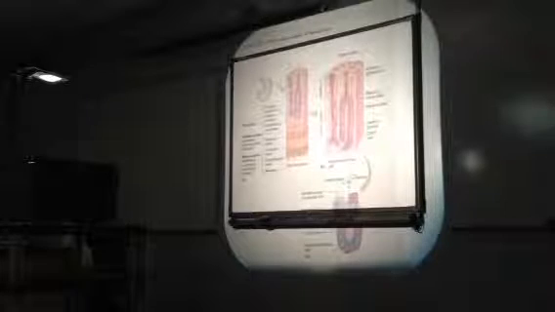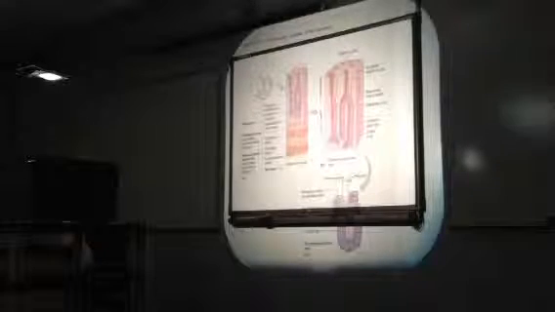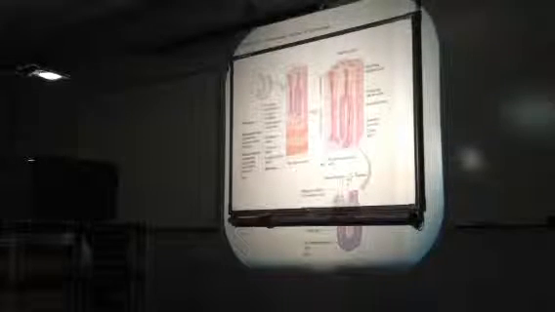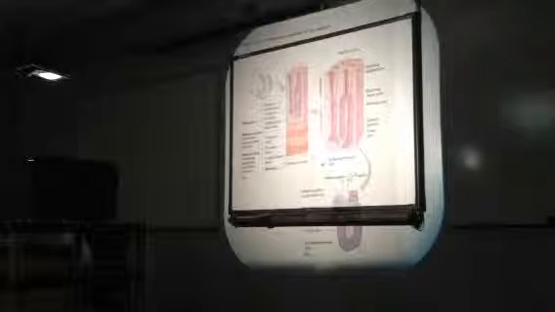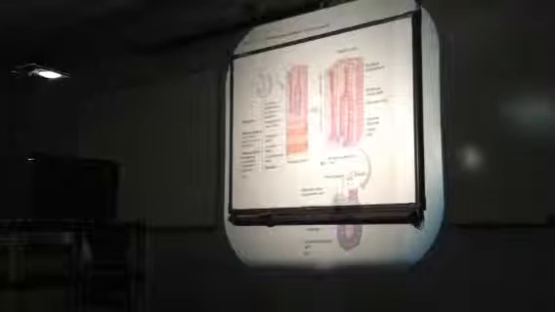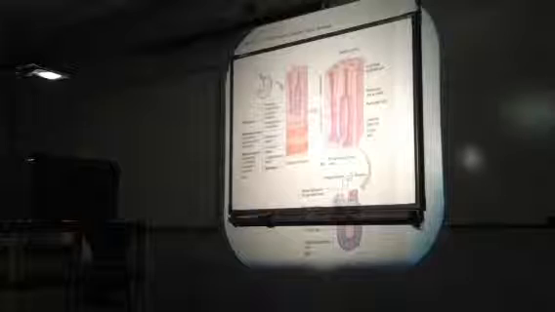Okay, now under B, we've got to talk about acid especially. A pH of 4 or more in the stomach indicates the need for acid.